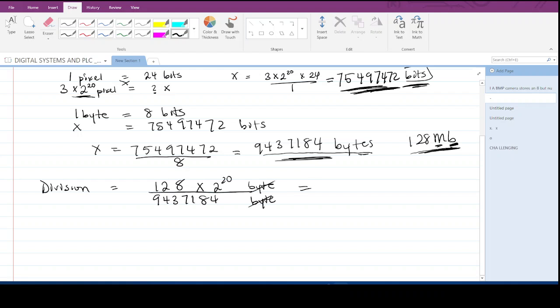So now bytes is going to cancel bytes. If we punch this in our calculator, we're going to get 14.22, which means we can only store up to 14 pictures in this 128 megabyte storage space. So this is our final answer.